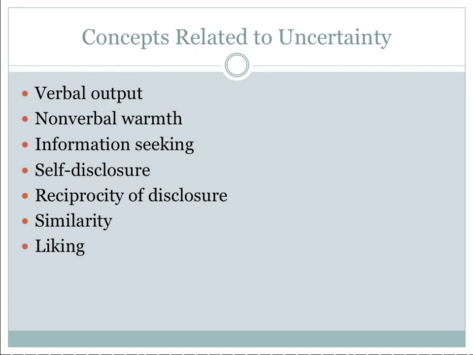And so this has to do with the sound or acoustic related elements of speech. So the tone, the rate, those kinds of things. Also, information seeking. So, how much do we attempt to ask questions? How much does the other person attempt to ask questions that seek out information about us?